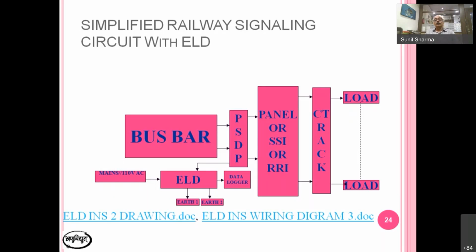If you do not have 2 earths, you have one ring earth. Because a ring earth has more than 3, 4 earths put together to make a ring form. So take 2 wires from the ELD and connect at 2 places of the ring earth.